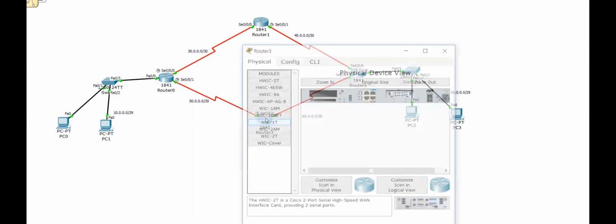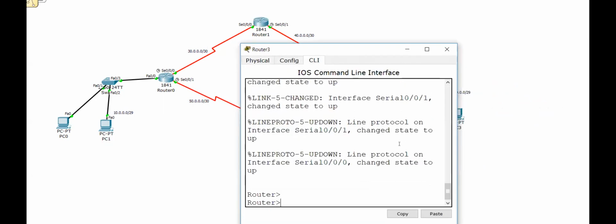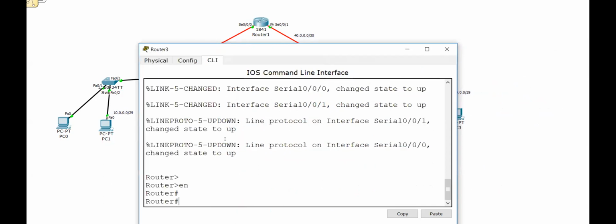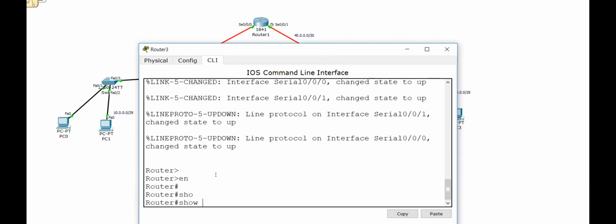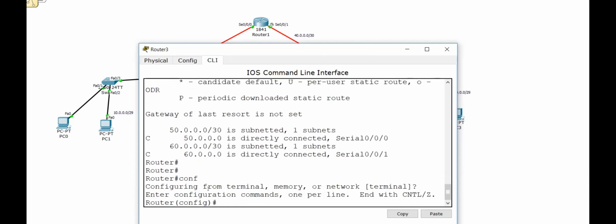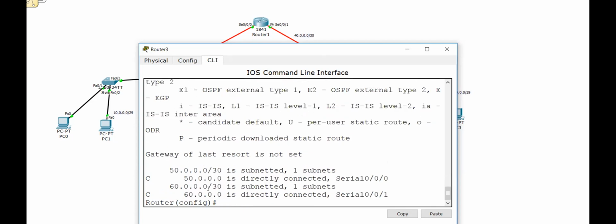Now same as in the third router, we have to check. One more thing: some students are confused between show ip route and do show ip route. If you are in enable mode, then the command is show ip route. If you are in config mode, then the command is do show ip route. Only do and show. Clear?